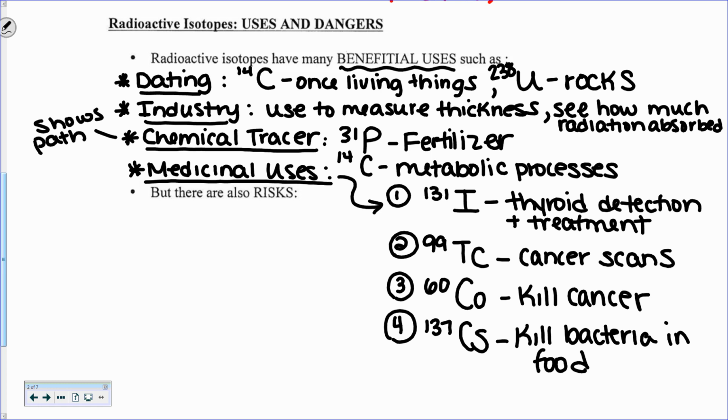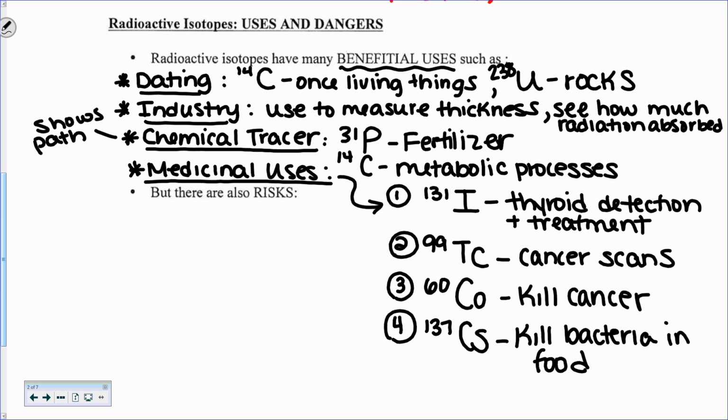So if I look at this list, there are a lot of things that are very beneficial. I can date things. I know how old they are. I want to know maybe once-living things, but I also might want to know rocks. So uranium-238 does the rocks.